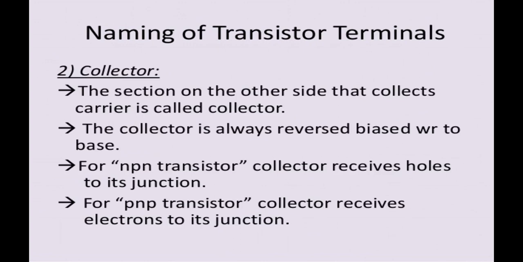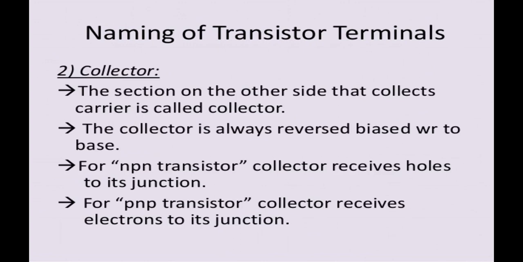So in this section the collector is the other side, that collects the carrier, which is called collector. Its name is given because it collects whatever, the holes or electrons. For NPN transistor, collector receives holes to the junction, and in PNP transistor it collects electrons.